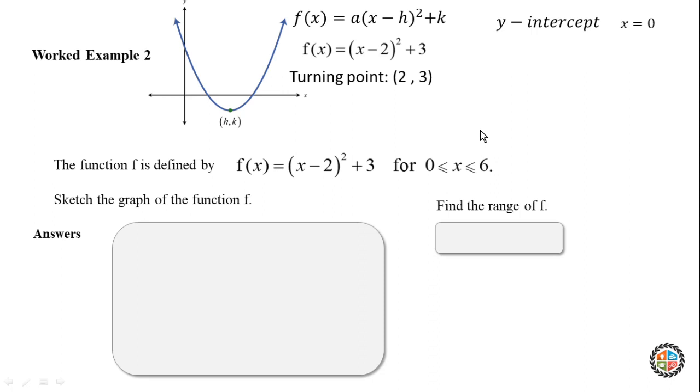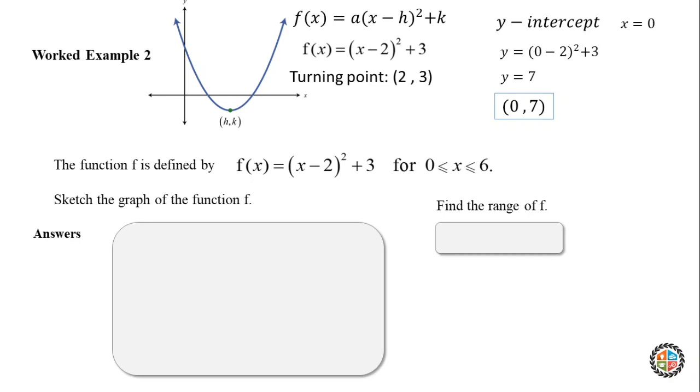If x is equal to 0, y is equal to (0 minus 2) to the power of 2 plus 3. And 0 minus 2 is negative 2. You square it, it becomes 4. 4 plus 3 is equal to 7. Thus, the y-intercept is (0, 7).